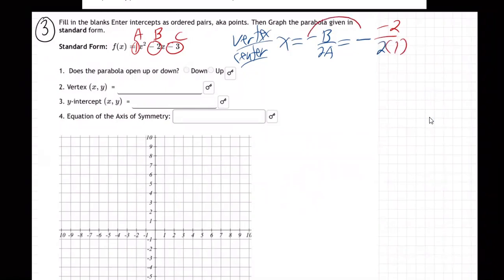So we get the negative sign from the formula, and then b is itself also negative. Everybody see that? So we got double negatives, plus 2 over 2. So the negative from the formula and b negative, double negative is positive. 2 divided by 2, 1. So that's x equals 1.